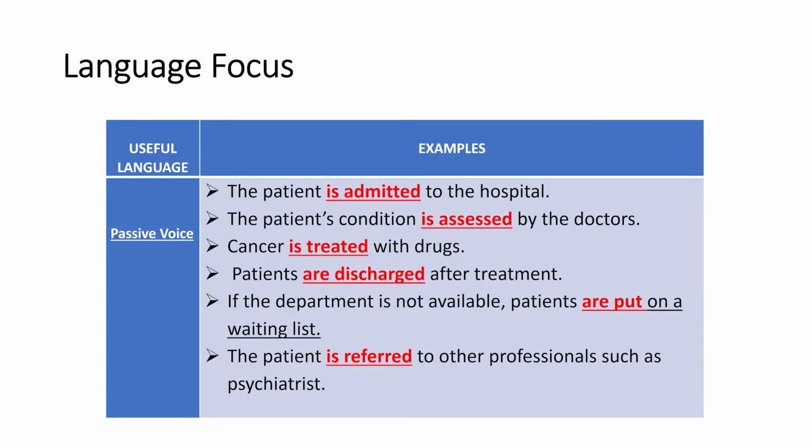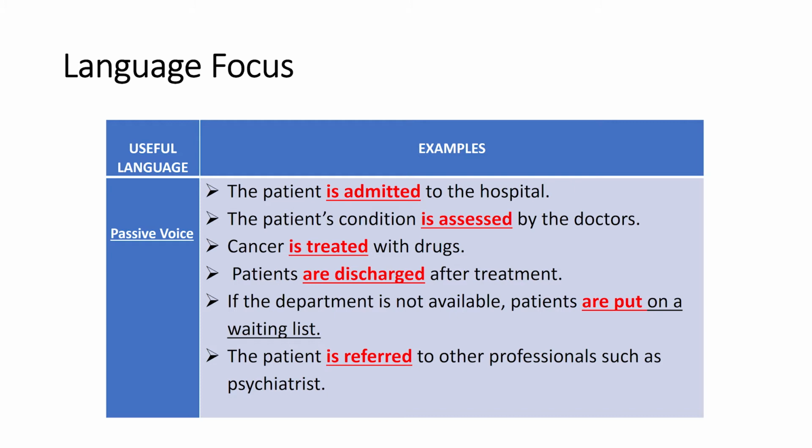Let's see how we use these verbs in sentences. The patient is admitted to the hospital. The patient's condition is assessed by the doctors. Cancer is treated with drugs. Patients are discharged after treatment.